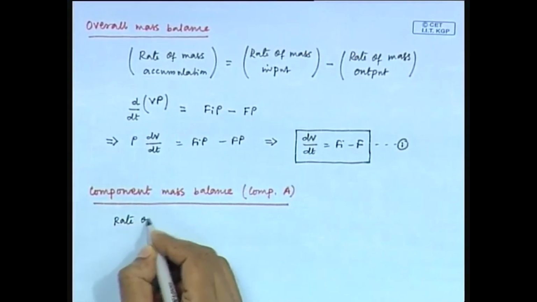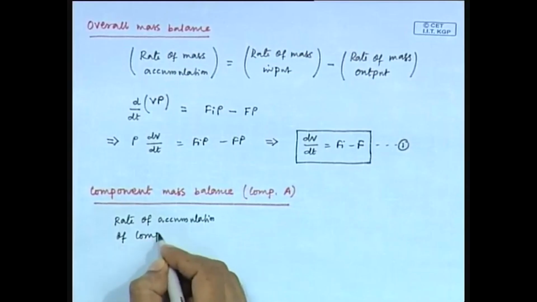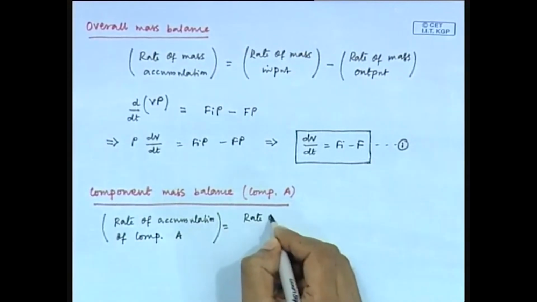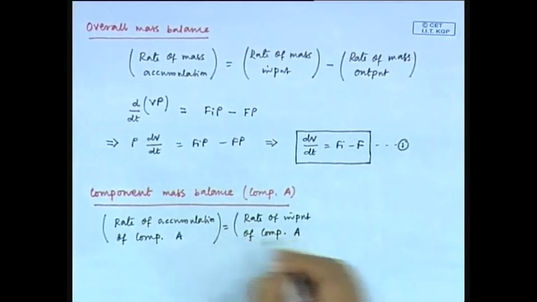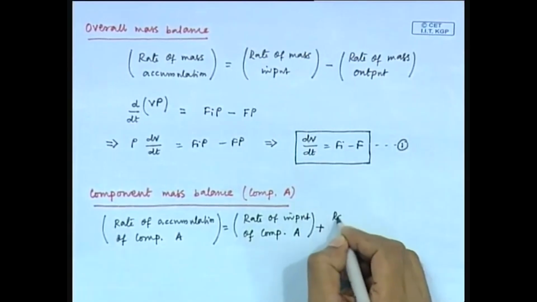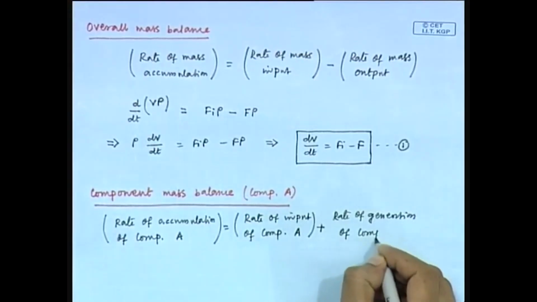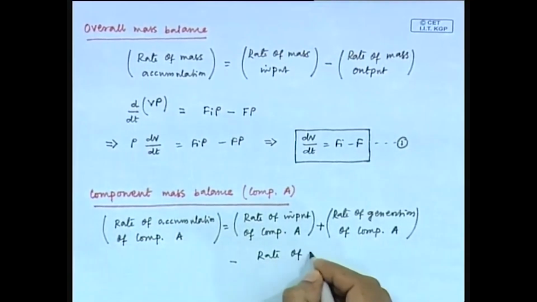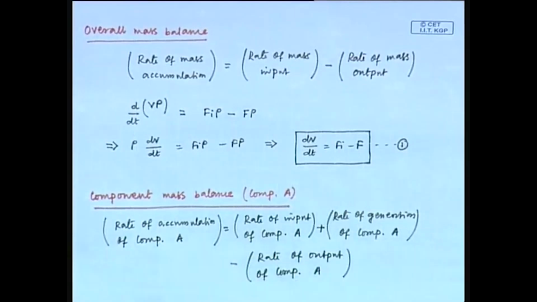Rate of accumulation of component A, this is the accumulation term, then rate of input of component A, then rate of generation of component A minus rate of output of component A. Fine. This is the conservation principle for component mass balance.